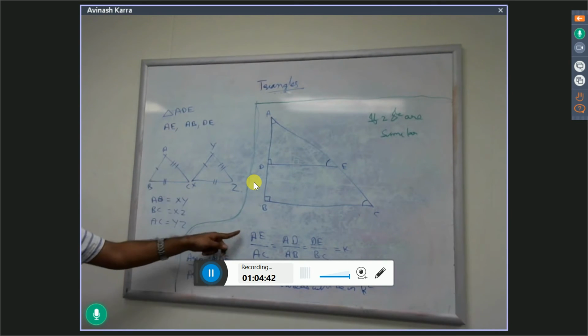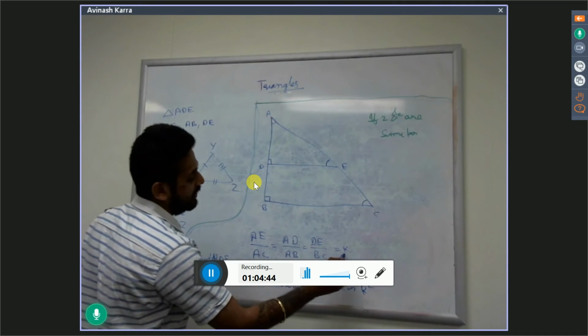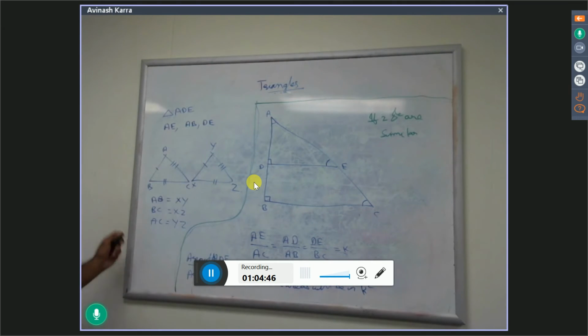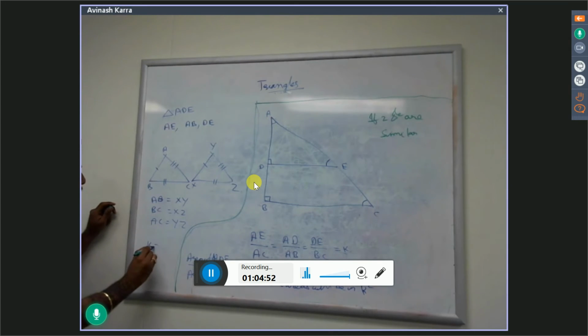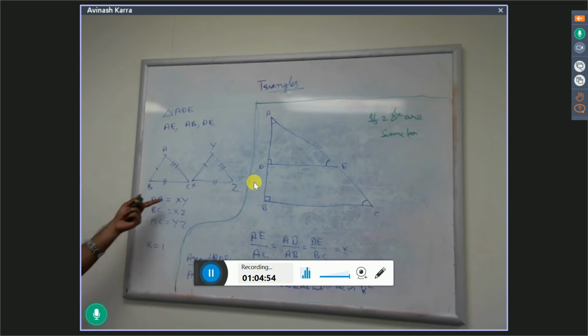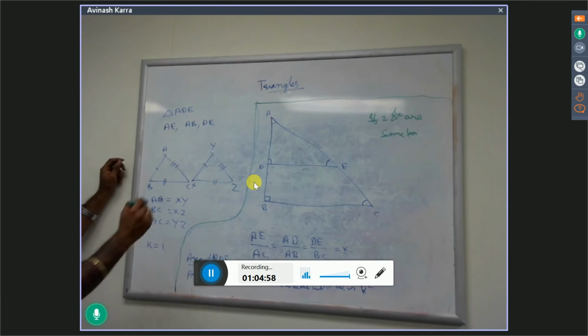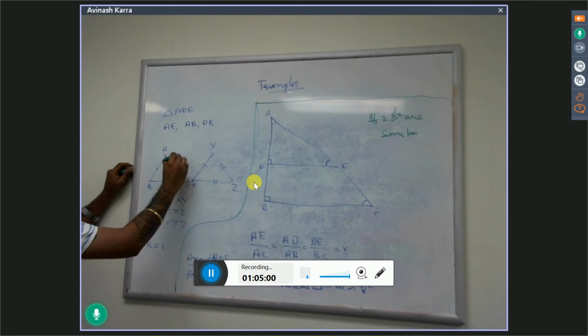What will be the value of k? k will be equal to 1, because corresponding sides will be equal. Then those triangles are called congruent.